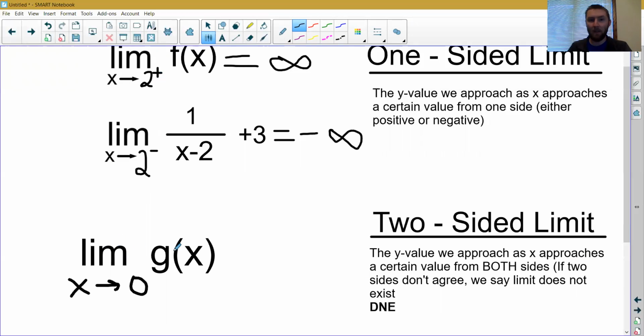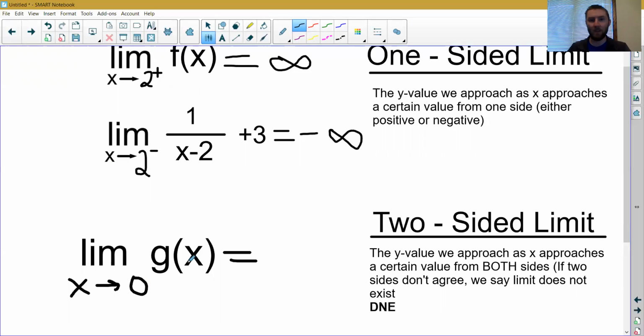It's putting both of them together and just talking about that number in itself. So the limit of some certain function as x approaches 0. Now, if it's a function where everything's pretty much normal, then it's just going to be whatever the y value is at that x value. If it's a piecewise function, we'll have to talk a little bit more about that later because it's going to depend. Do the two sides match up? If they do, then great, we can have a two-sided limit.